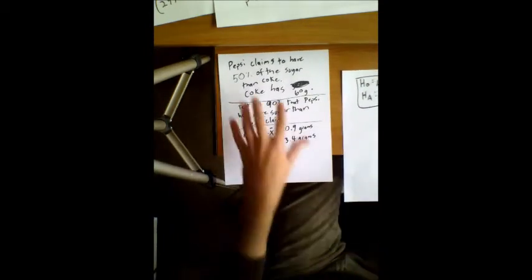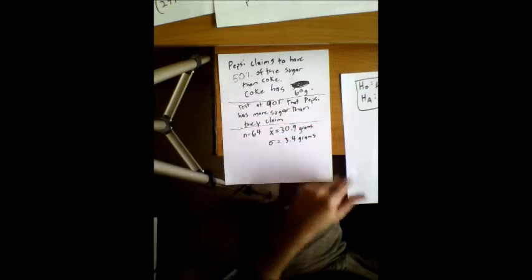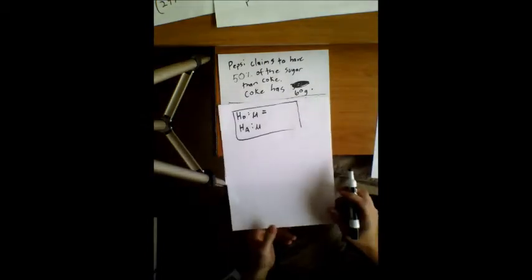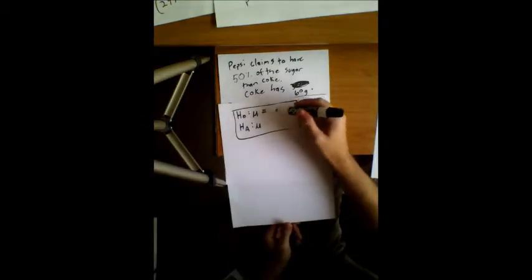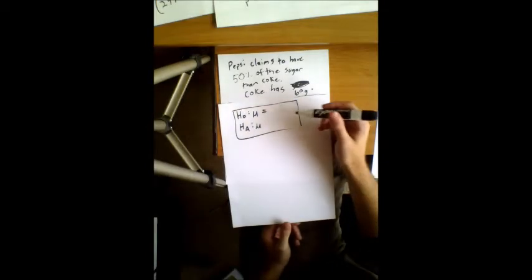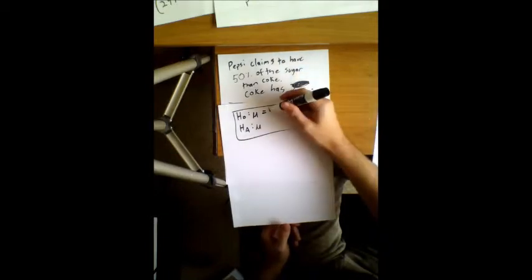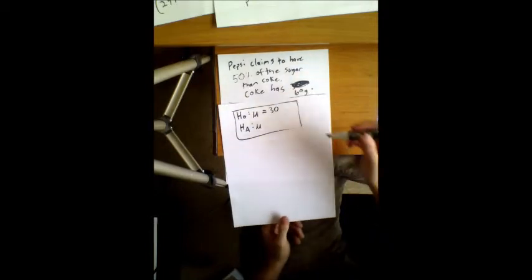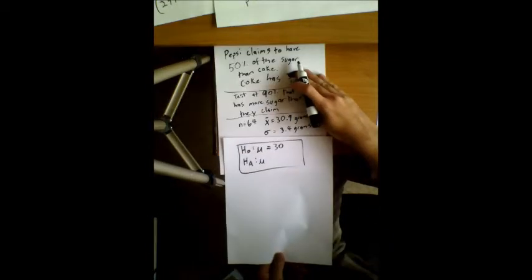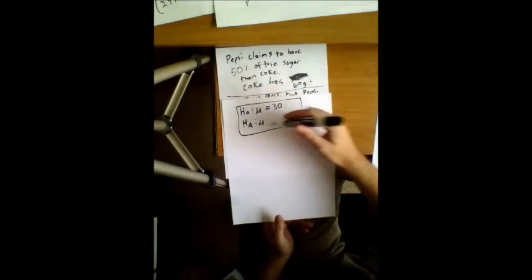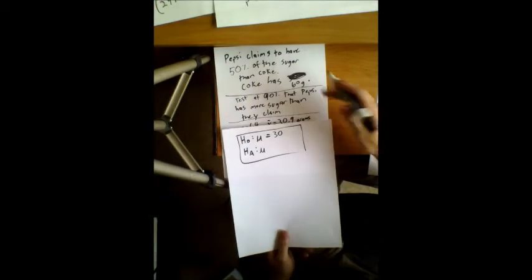So we say Pepsi claims to have 50% of the sugar. What goes up here is you assume that this is true, that there is no difference, right? So 50% of 60 grams gives us 30 grams. And our mu, if we read this closely, what are we testing?